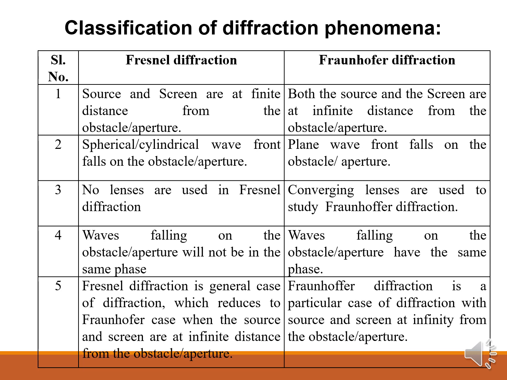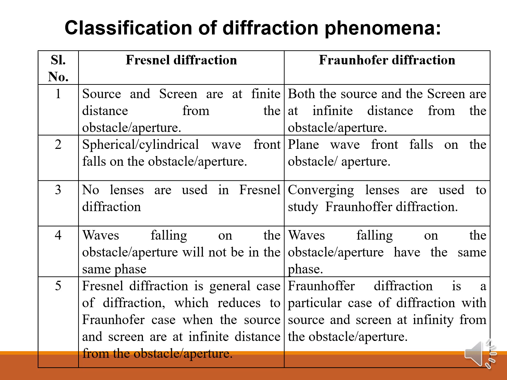In Fresnel diffraction, spherical or cylindrical wavefront falls on the obstacle. In Fraunhofer diffraction, plane wavefront falls on the obstacle. No lenses are used in Fresnel diffraction to get the image on the screen, or a lens between source and the obstacle is not used in Fresnel, but converging lenses, the convex lenses, are used to study Fraunhofer diffraction.